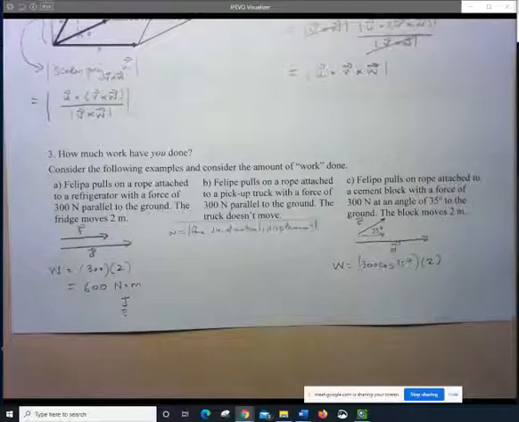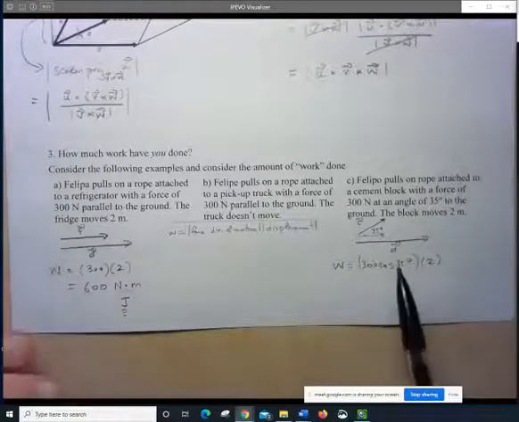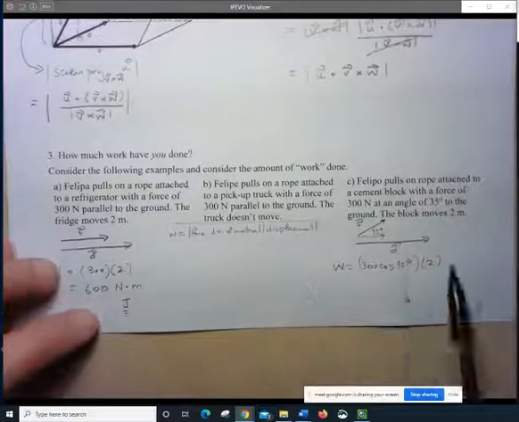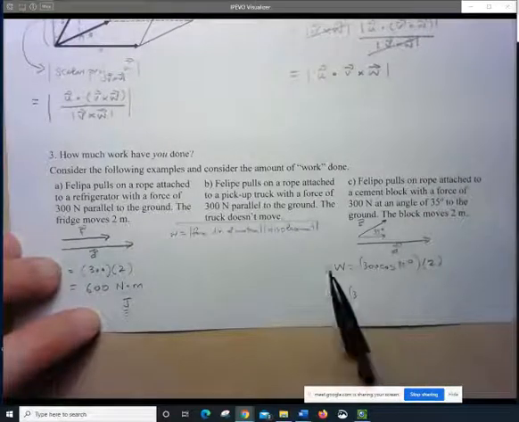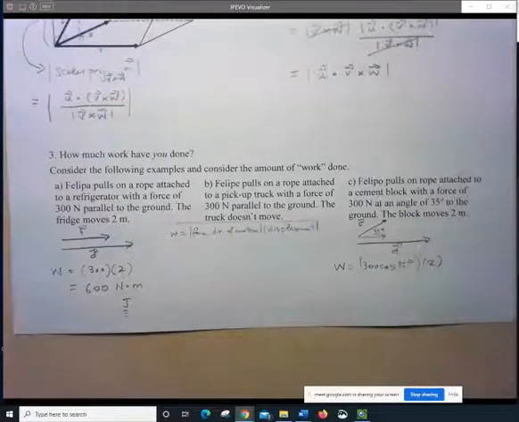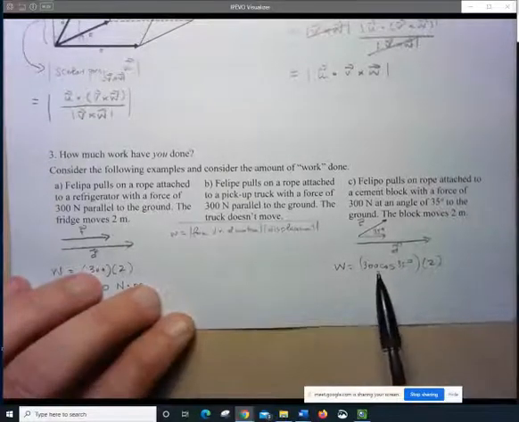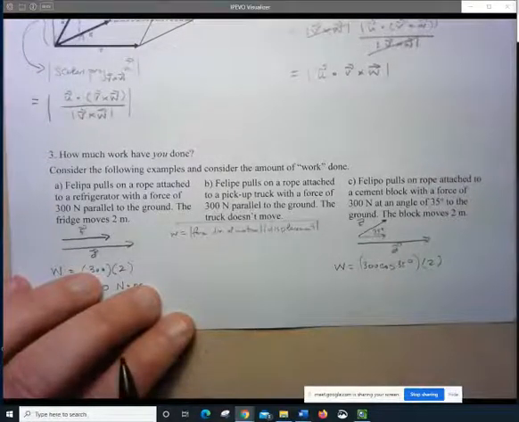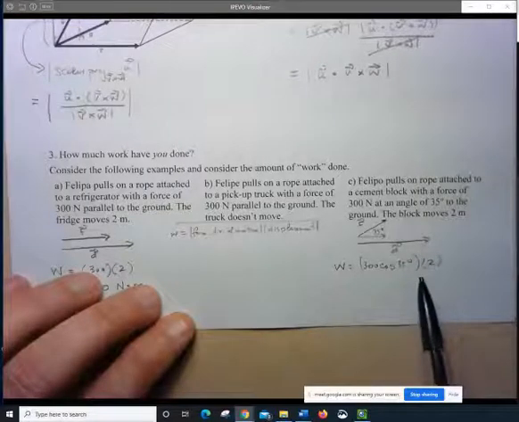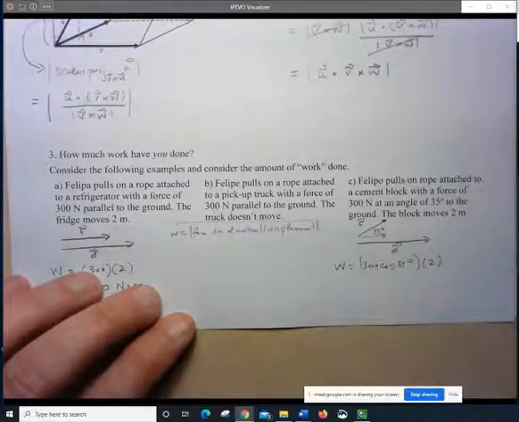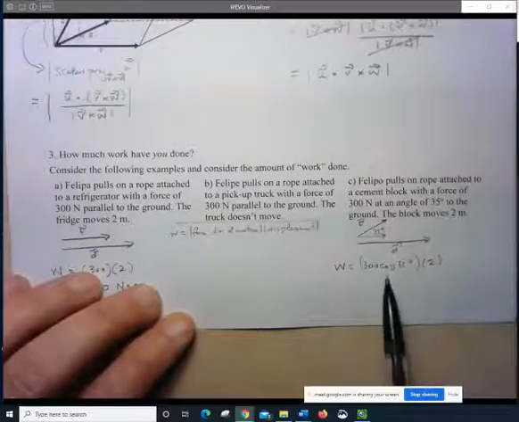Okay, great. So now this is where I'm hoping that in looking especially at this example, you might see something familiar, because it looks as though here you have the magnitude of the force that's applied. This is the magnitude of the displacement, just the distance traveled, and this is the cosine of the angle between them.